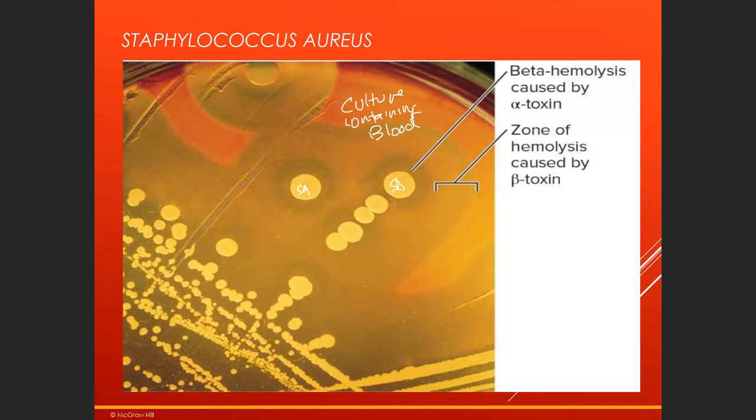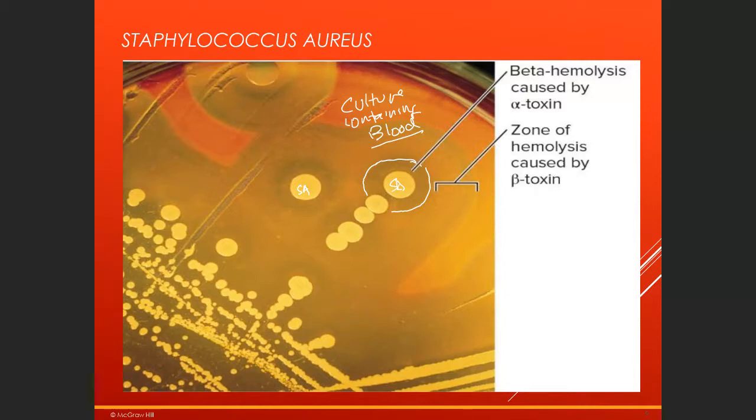If you see here, you see the clear zone around the Staphylococcus aureus. The clear zone means this Staphylococcus aureus is digesting the blood using hemolysin.